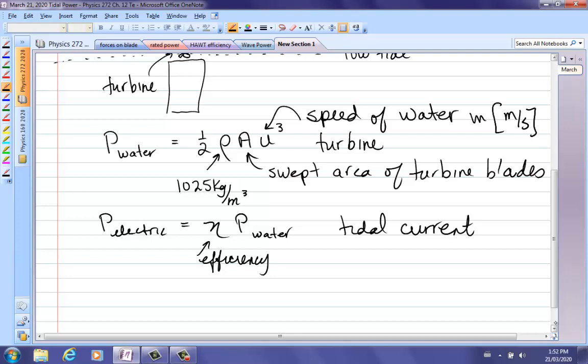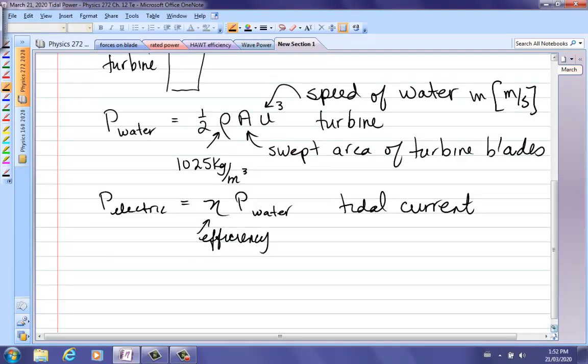Okay, now if you're doing a tidal barrage and you want to know how much power is in that massive amount of water that you've held back by that dam, the formula for the tidal barrage is power in the water is equal to g rho A R squared over 2T.